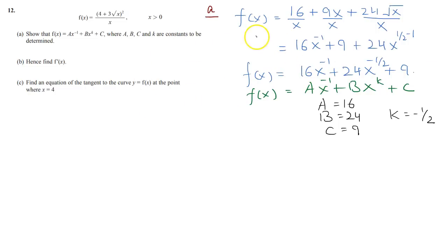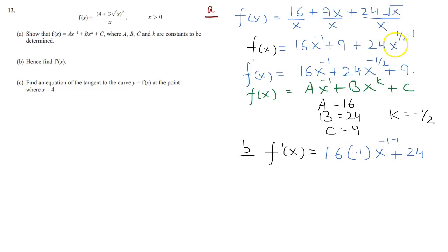Find f dash x. So this is f of x. F dash x is, we differentiate it, 16 times minus 1, x to the power minus 1 minus 1 plus differential of 9 is 0, 24 times minus half x to the power minus 3 over 2.